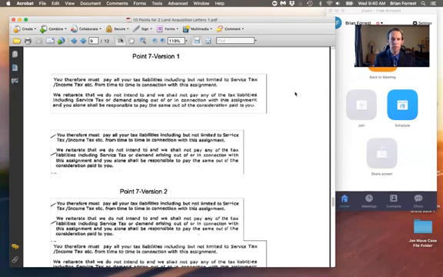As you can see, these 2 paragraphs, you therefore must pay all your tax liabilities, including but not limited to service tax, income tax, etc. And we reiterate that we do not intend, well, those 2 paragraphs are here as well.